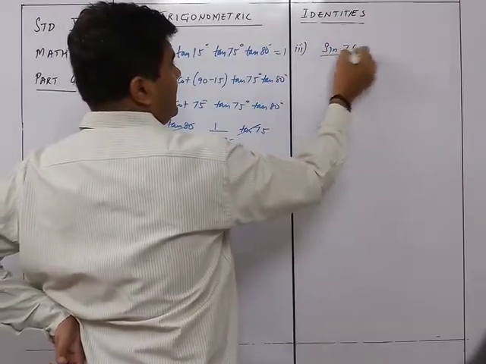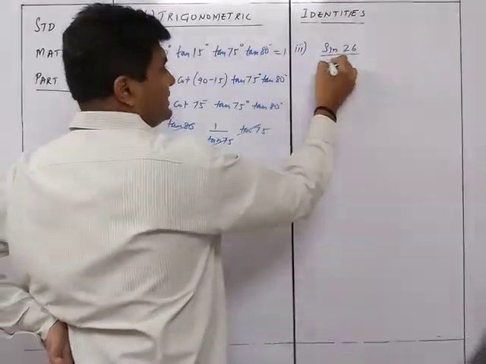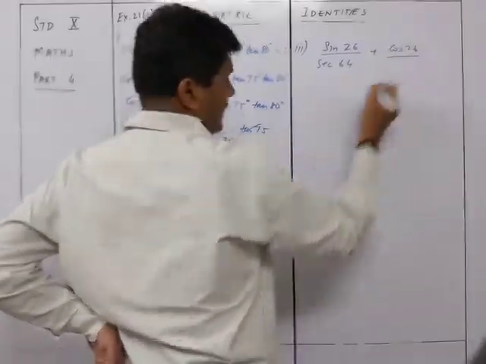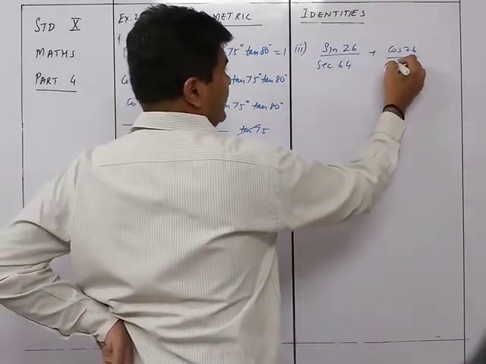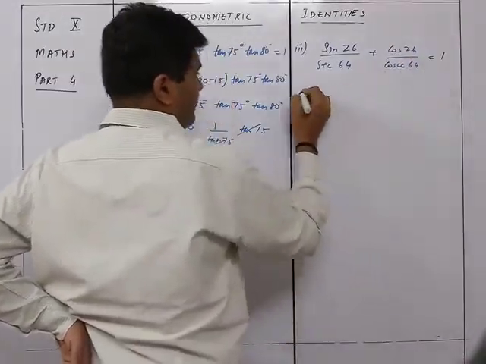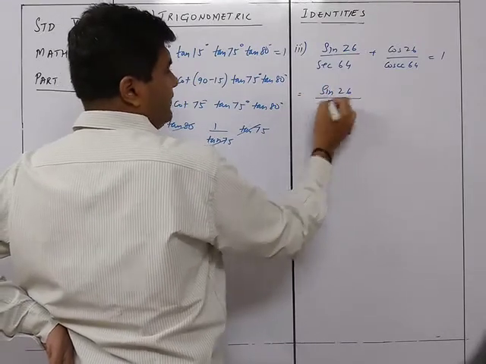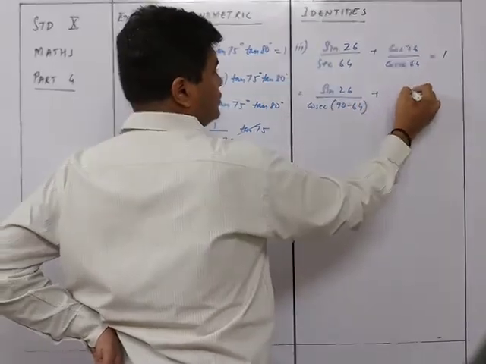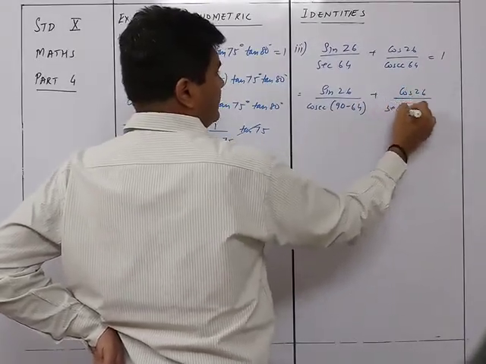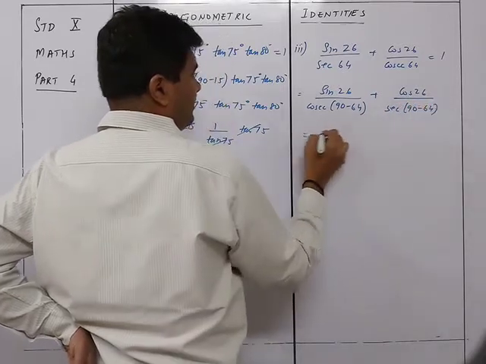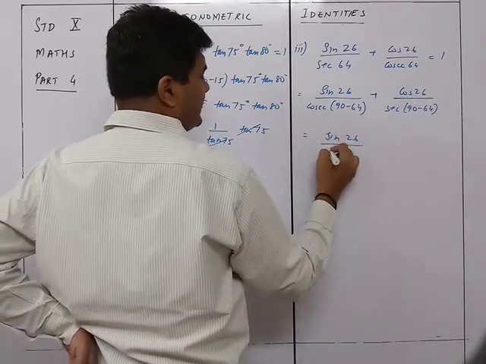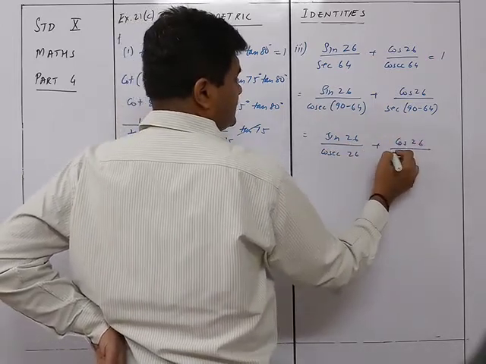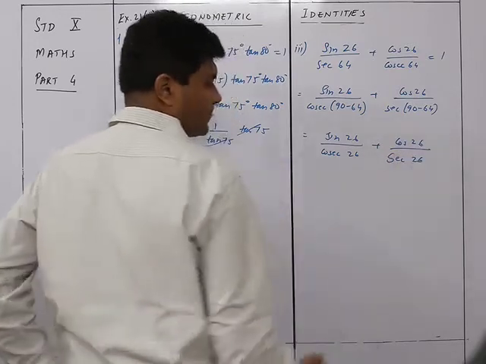Sin 26 upon sec 64 plus cos 26 upon cosec 64 is equal to 1. So sin 26 upon cosec 90 minus 64 plus cos 26 upon sec 90 minus 64 is equal to sin 26 upon cosec 26 plus cos 26 upon sec 26.